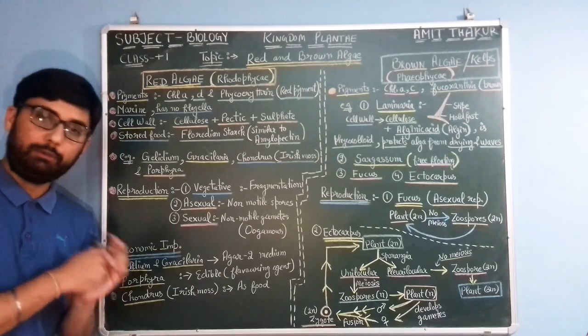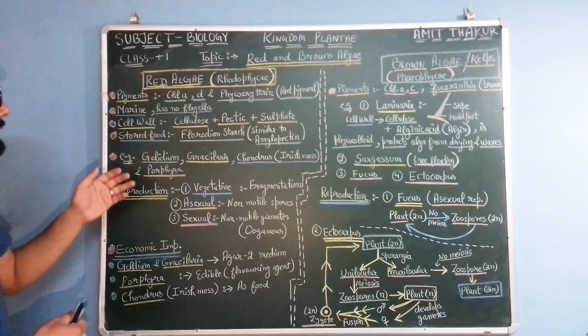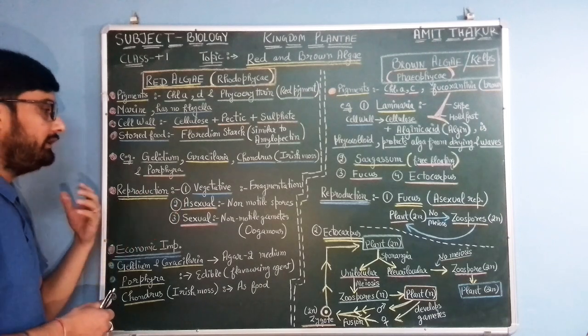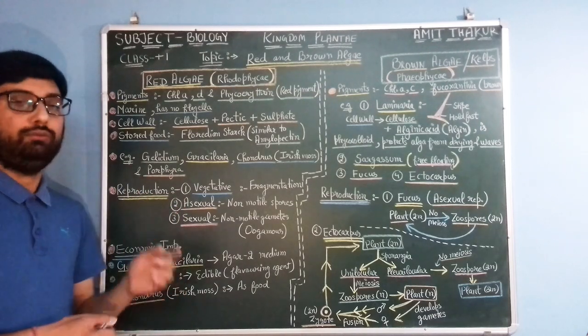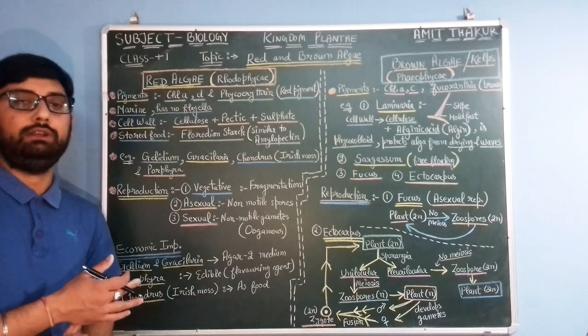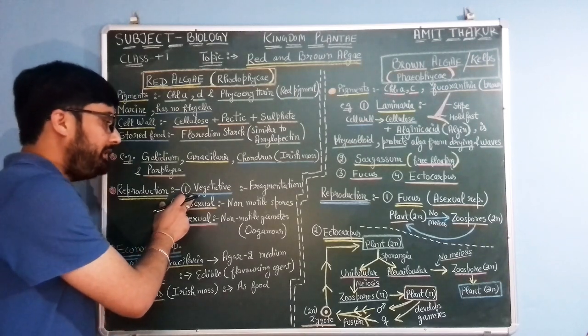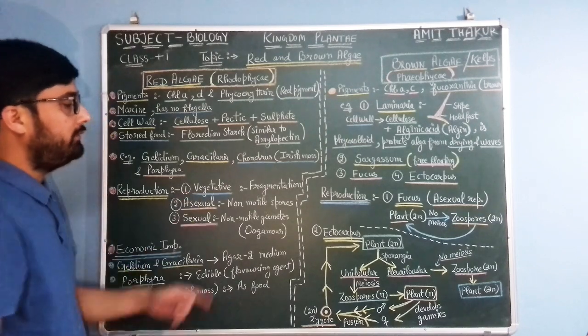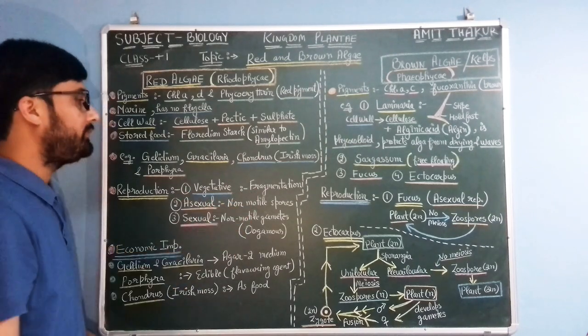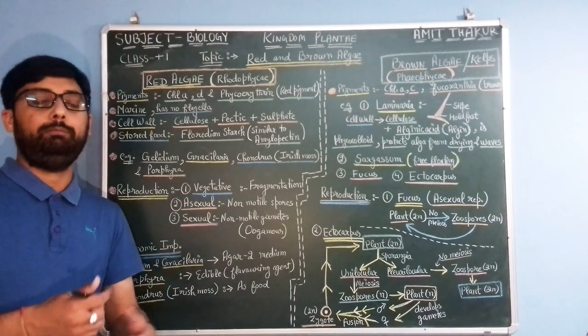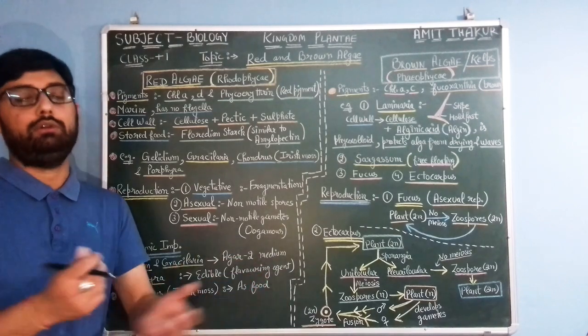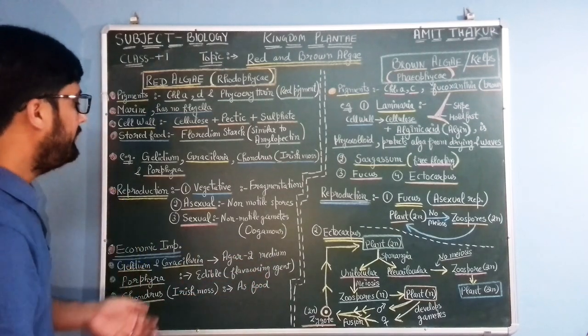When it comes to reproduction, these Rhodophyceae reproduce vegetatively, asexually, and sexually. Vegetative reproduction is via fragmentation, simply division of the parent body into daughter bodies. Okay.